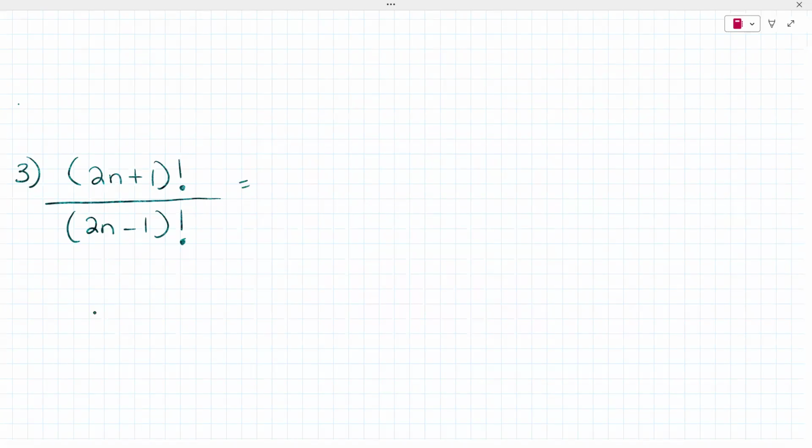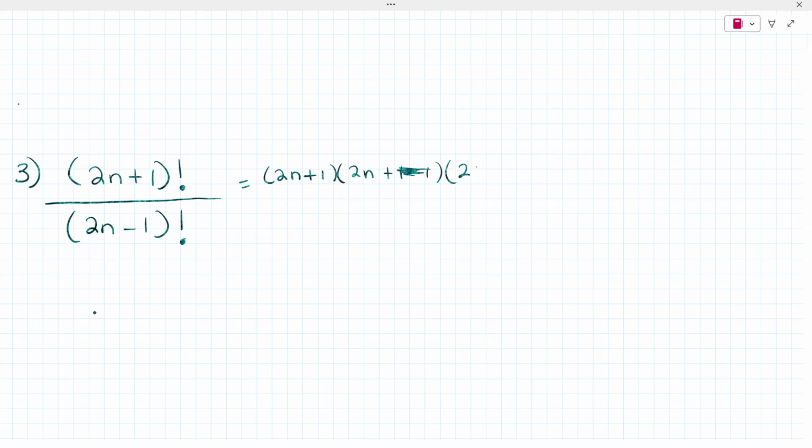So from the previous examples, we know that the numerator factorial would be expressed as 2n plus 1 times 2n plus 1 minus 1, which really is just 2n.